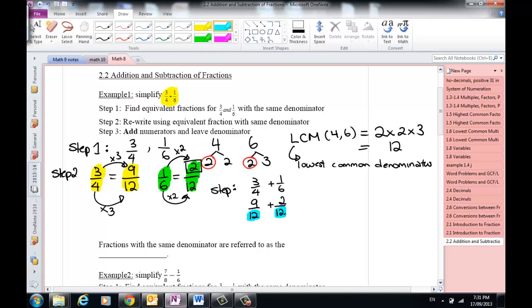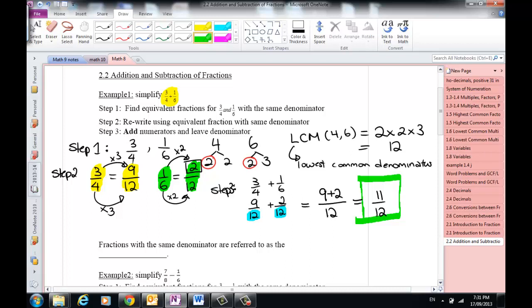If we're adding things, for example, and so finally with our step 3, we just add the numerators, 9 plus 2. It's still over 12. And in fact, I get 11/12. And this is my solution.